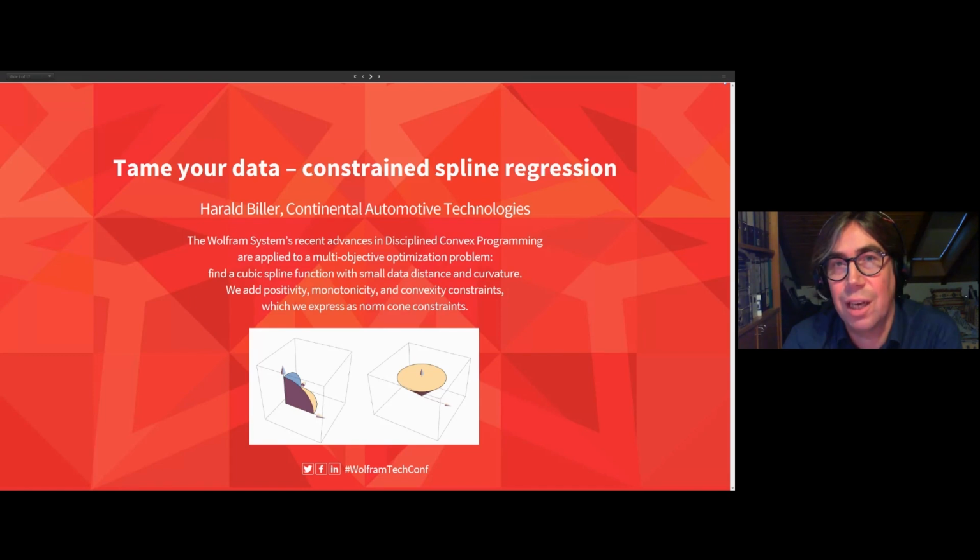Such standard cones are: all vector components are non-negative, the picture on the left; or the ice cream cone with respect to the Euclidean norm in n dimensions, the picture on the right; or the cone of semi-definite matrices.